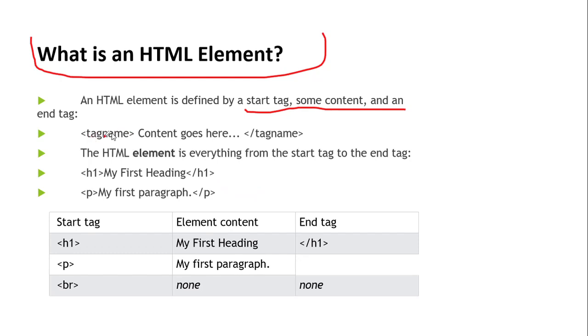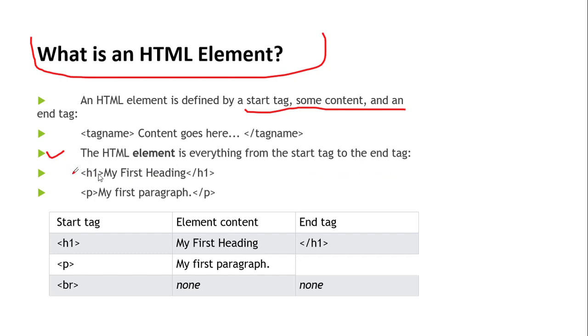First, you have to write the tag name, whatever the tag name, and in between, what you write is the content part, and the tag will be ended here. So this is the whole thing. We say this is an HTML element, which includes start tag, some content, and end tag. The HTML element is everything from the start tag to the end tag.